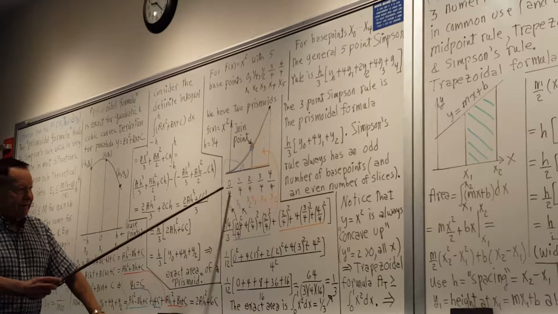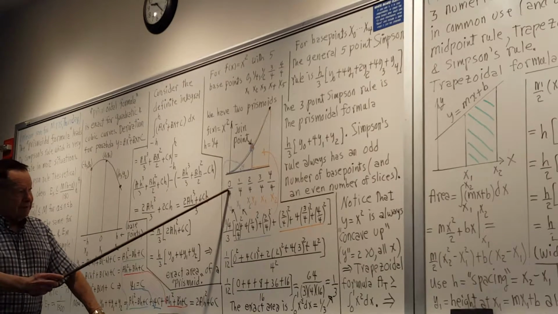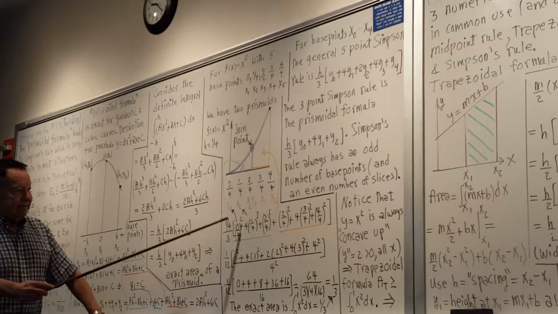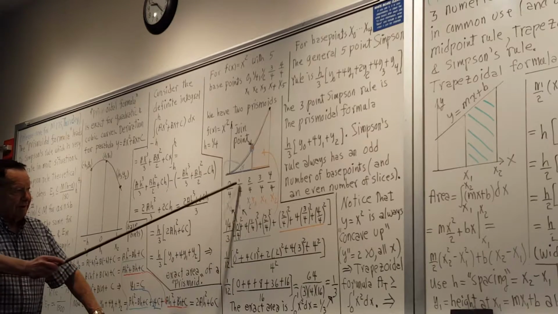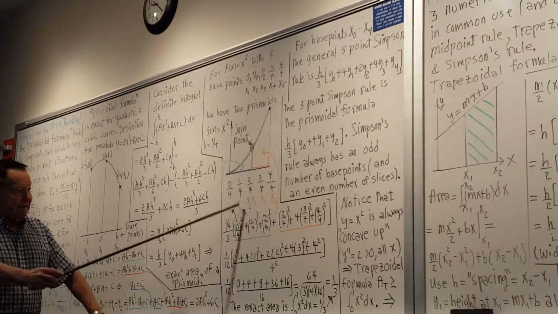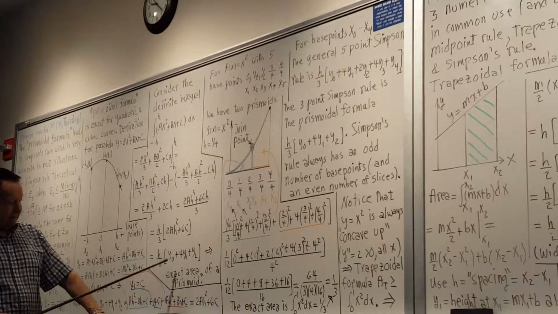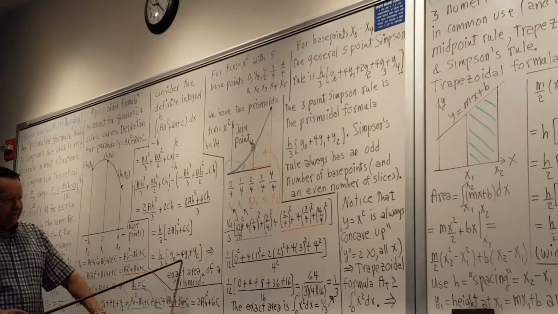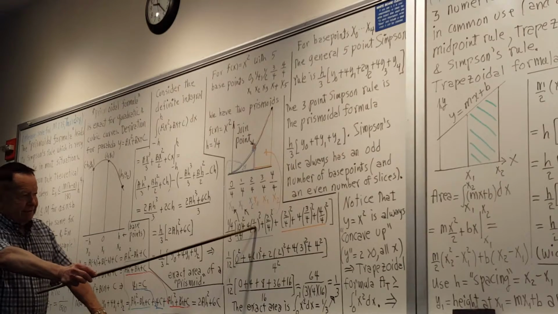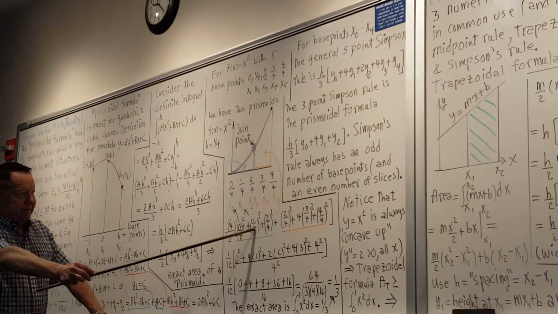Then you have your base point square for your height, so the 0/4 square. Then you have 4, because that's this 4, times the square at the next base point.